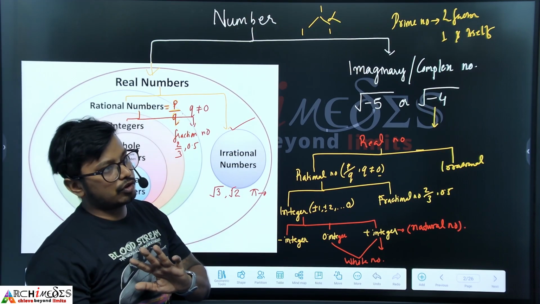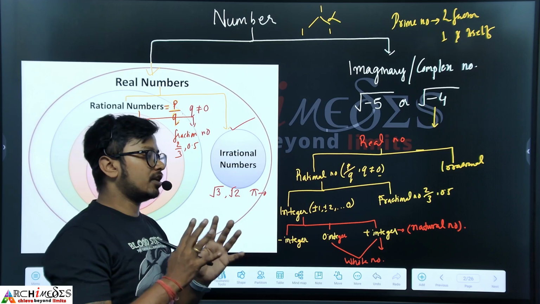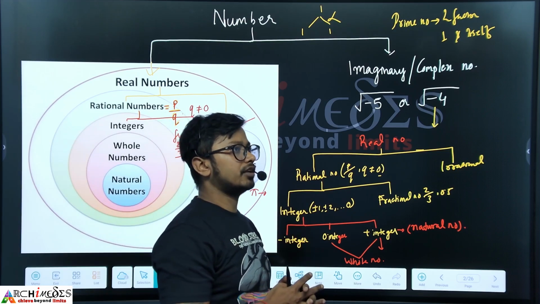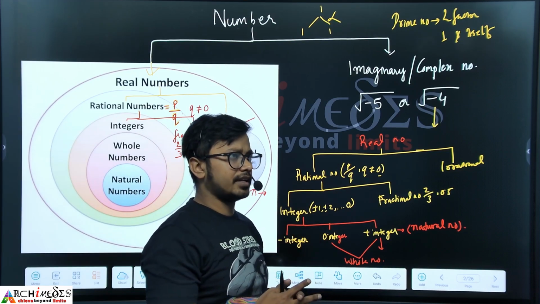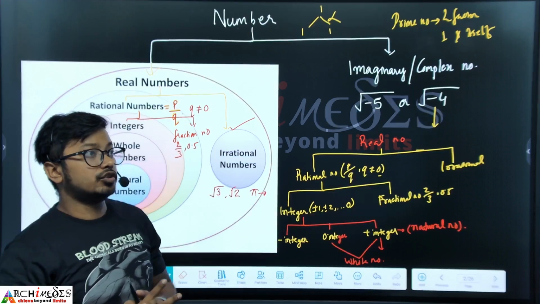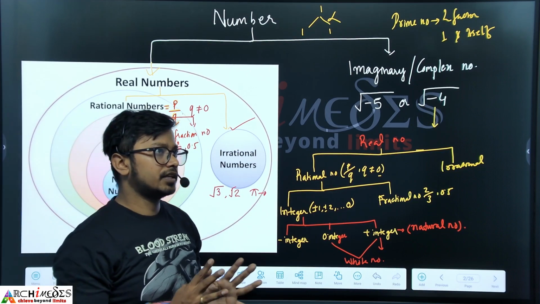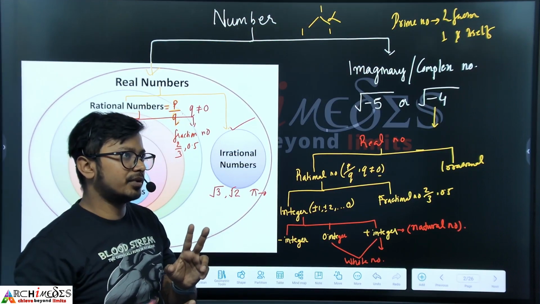Even, I hope you all know, is a number which is divisible by 2. 0 is also an even number. If they ask for the smallest even number, that is 0, and 2 is not the smallest. Remember that.